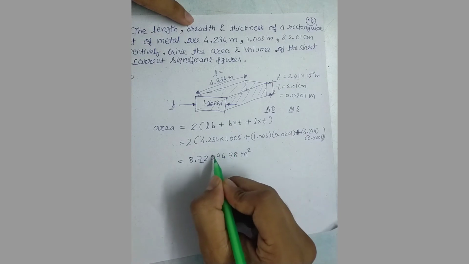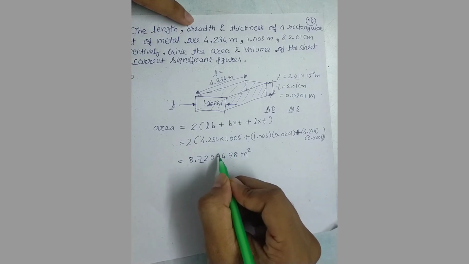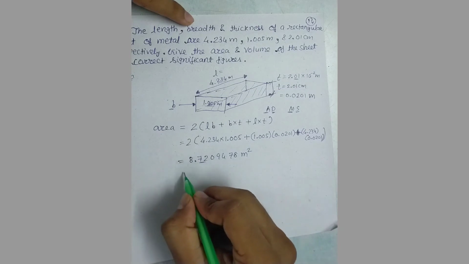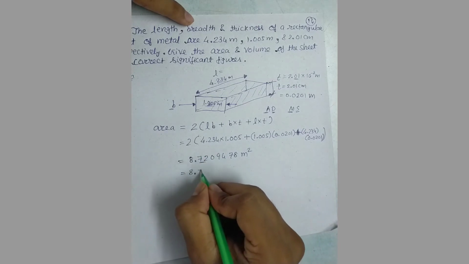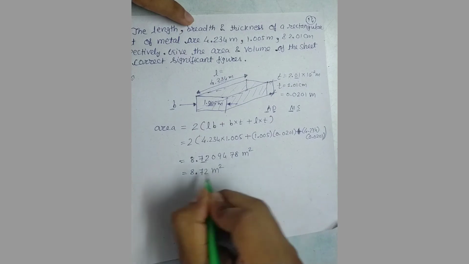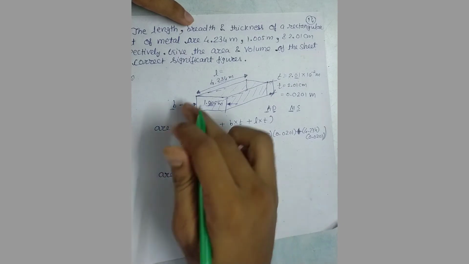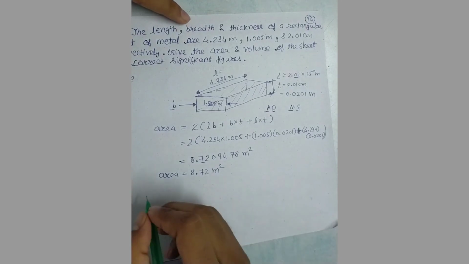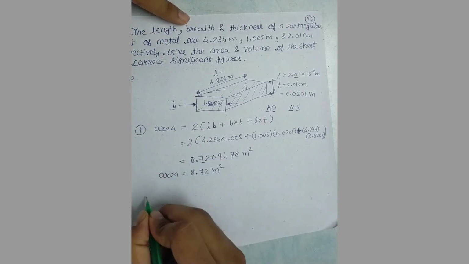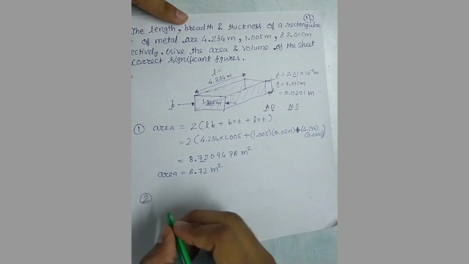If we round off, this 9 will turn the digit before it up by 1, and the next digit will not change the value 0. So after rounding off, 8.72 meter square is the total area of this cuboidal sheet.